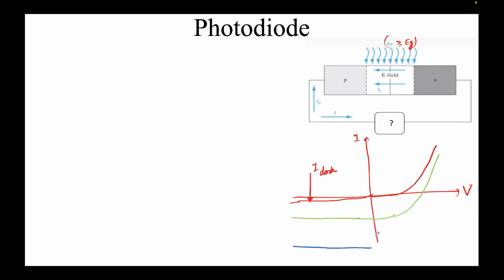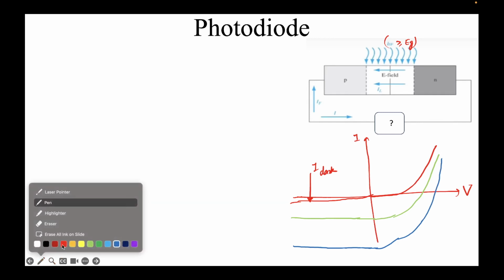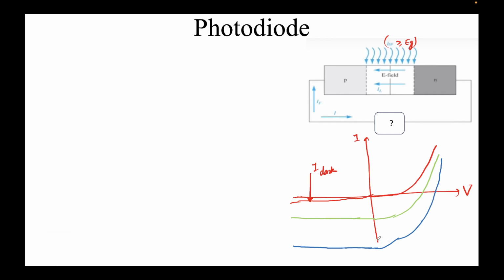And again, if you extend the discussion, the PN junction diode characteristic, the form will remain the same. It will go something like this, right? So this is how the IV characteristics will look like.